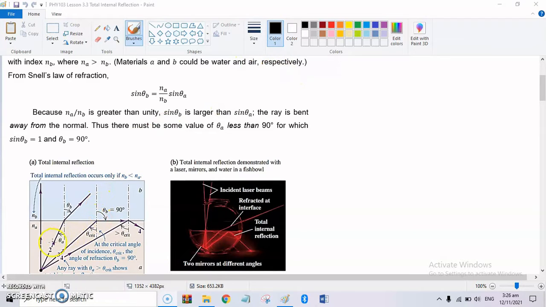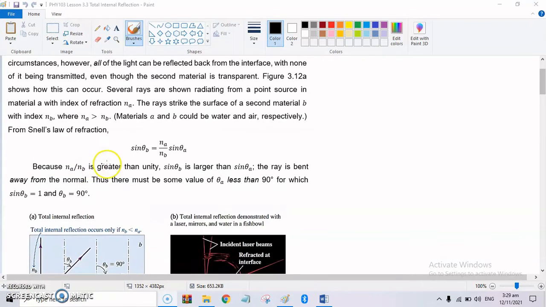So, the air has an index of unity, 1. So Nb is 1, for example, and Na, for water, is 1.33. So Na is greater than Nb.